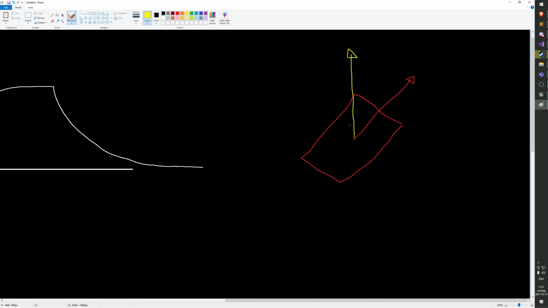So we want to split this vector into its forward component, the component of the vector that's pointing alongside, or parallel to, the direction of our car, and our perpendicular part that's pointing away from the car.